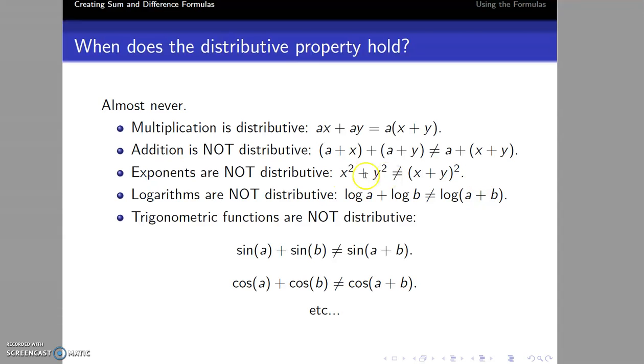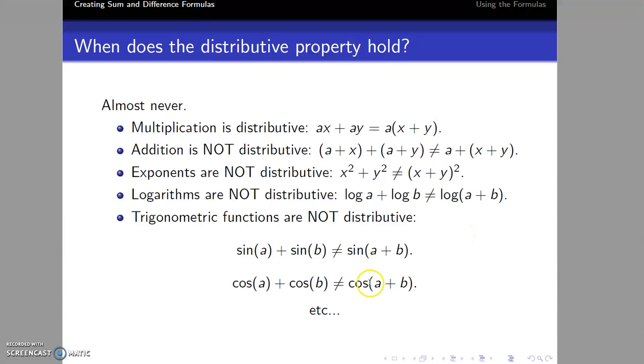X plus y quantity squared is not x squared plus y squared. There's a middle term that'll pop up, 2xy. For those of you who have had algebra or will take it or are taking it now, you will get to see what happens whenever you have log of a plus log of b. It's not log of a sum. Logarithms are also not distributive. And as we've just seen, trigonometric functions are also not distributive.